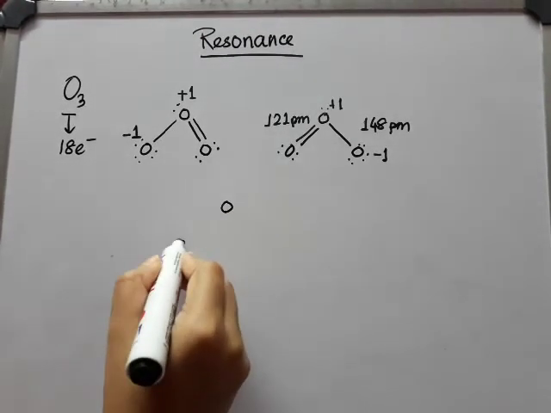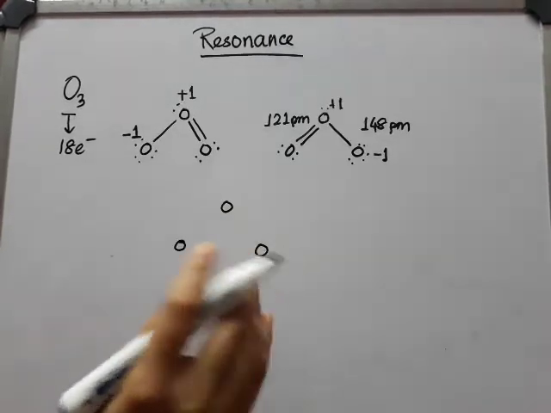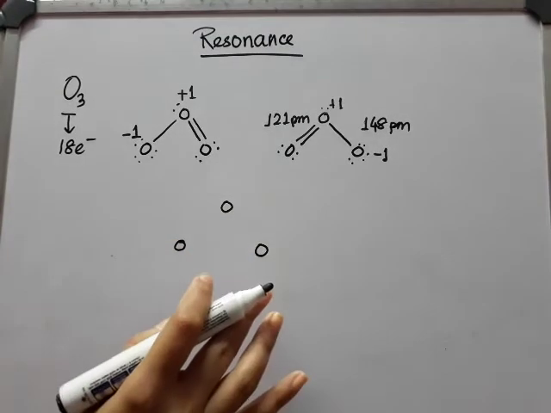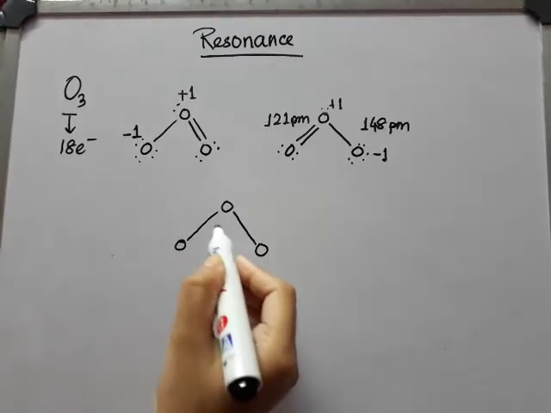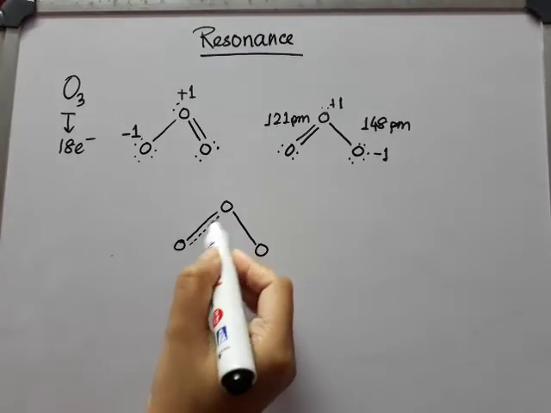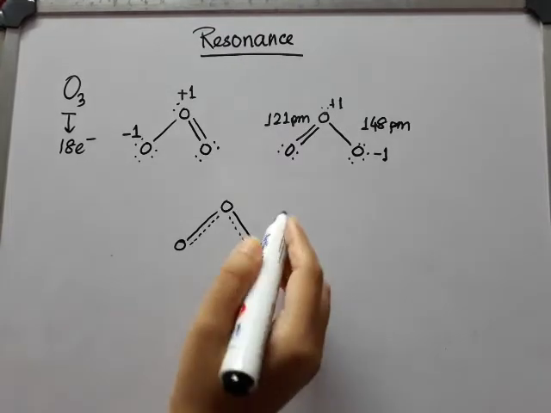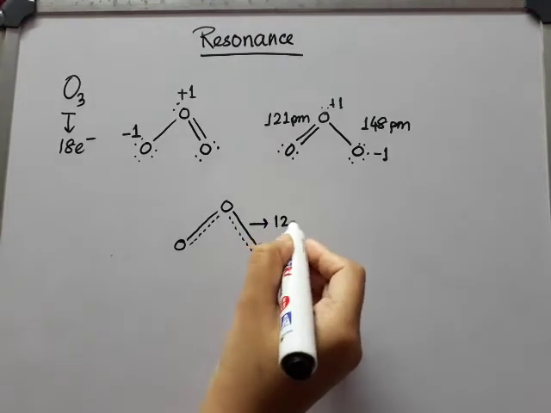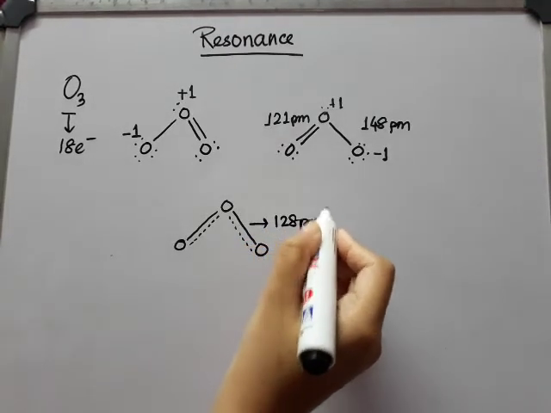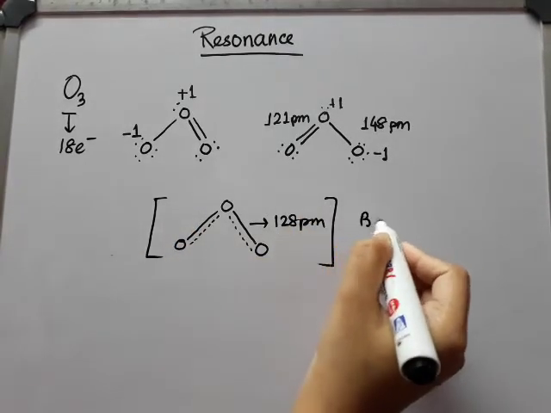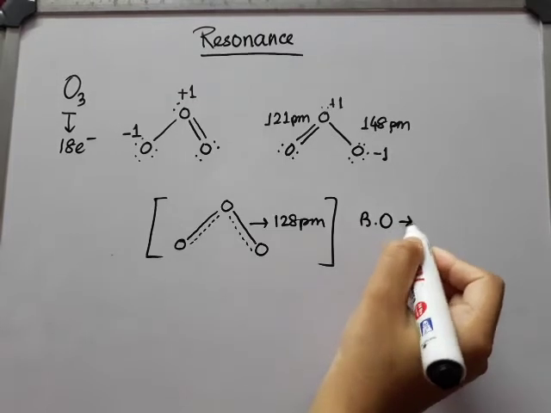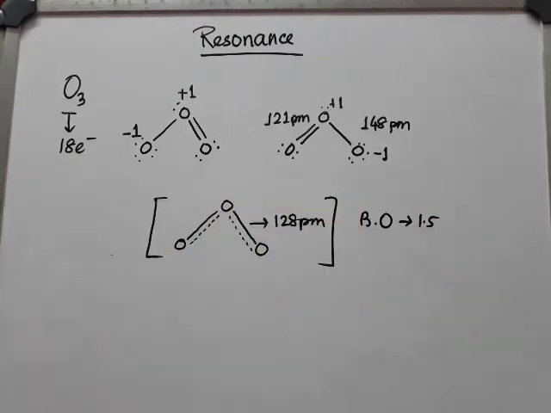So the bonds between oxygen atoms are not single bonds, and they cannot be double bonds either. So we can assume that there is a partial double bond character, right? It is 128 picometers, and the bond order is also between 1 and 2, that is 1.5.